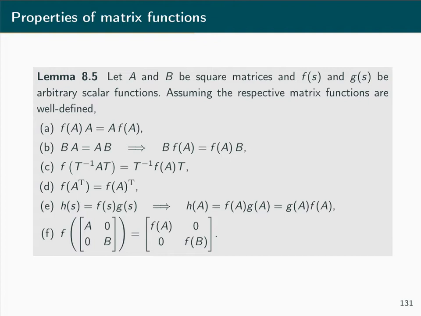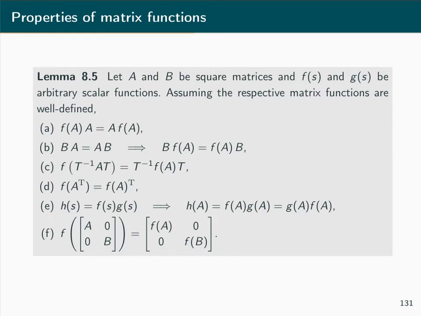C: f of a similarity transformation of A, where T here is an invertible transformation matrix, is equal to the similarity transformation of f of A. D: f of A transpose is equal to f of A, transposed.